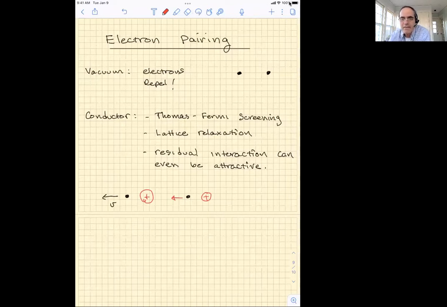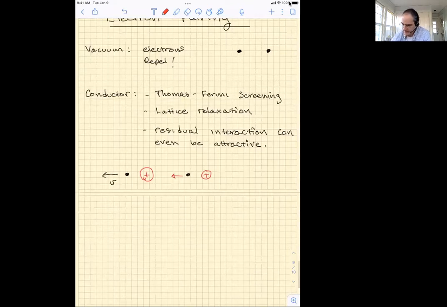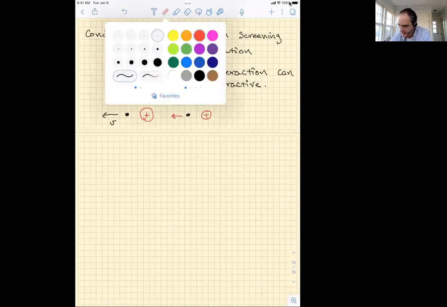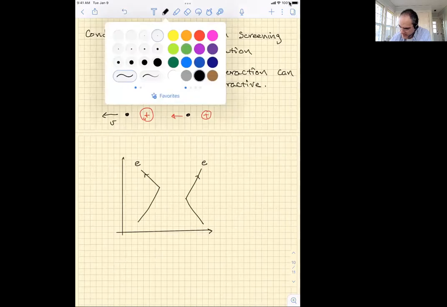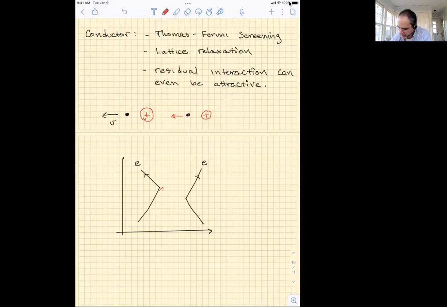Okay. Now, there's another way to describe this. Once we know that we can have this attractive interaction, then we can describe the interaction using pictures like this, like Feynman diagrams. Imagine I have two electrons, and they can interact by exchanging a phonon. In these drawings, phonons are usually drawn as this kind of spiky line here, okay?